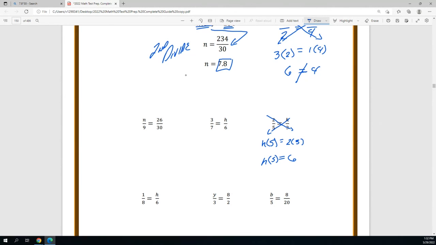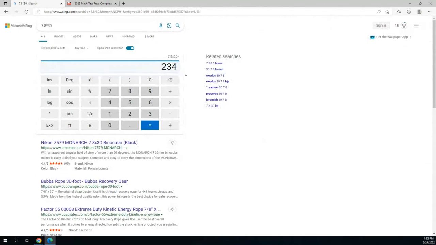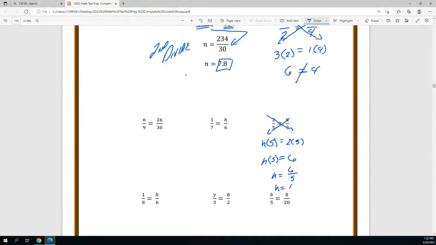Now, my final step is to go ahead and divide. I say h is equal to, take that 6, and now divide it by 5. Whatever I get, that's the answer. Let's do it real quick. 6 divided by 5, 1.2. And if you want to check, there's an easy way to check.